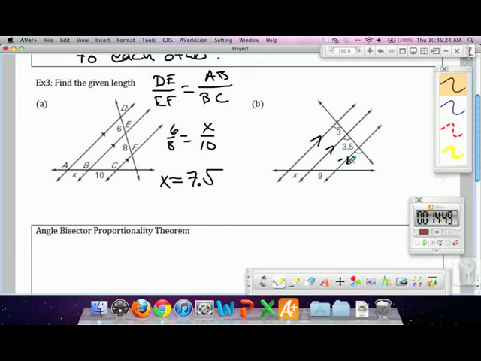So now we could make some proportions based on the segments here. So I could say maybe x is to 9 as 3 is to 3.5. Or x is to 3 as 9 is to 3.5.